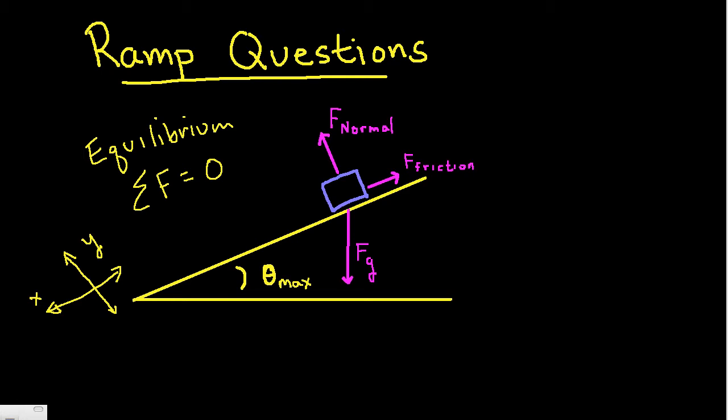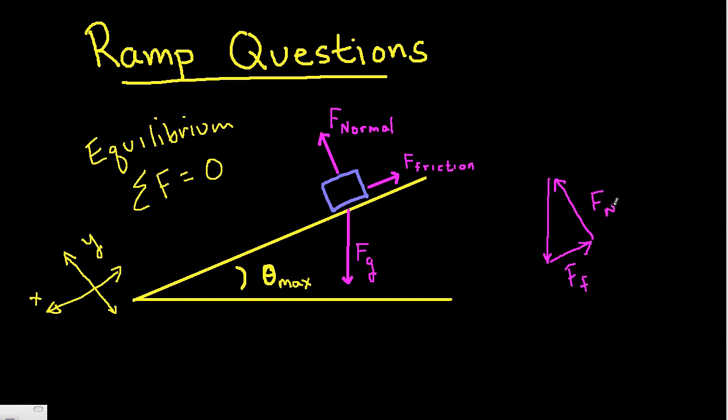So we've got a gravity force acting straight down, then we've got a frictional force acting straight along the ramp, and then we've got a normal force that's completely perpendicular to the ramp. So you can see that the frictional force and the normal force are going to be perpendicular.